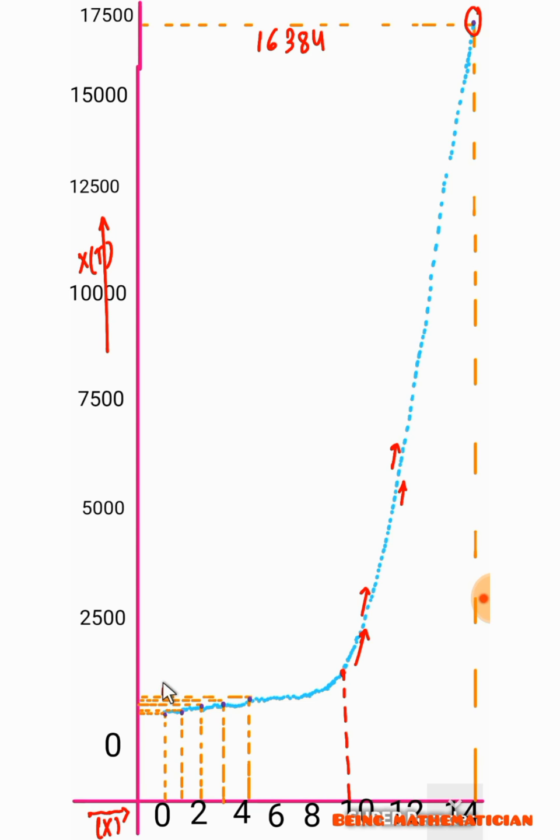See the initial days, 0 to 10 days, the graph is just increasing. But after 10 days it is strictly increasing.